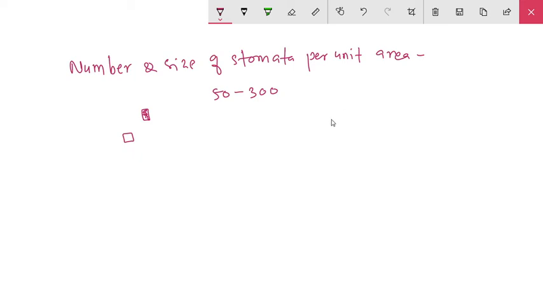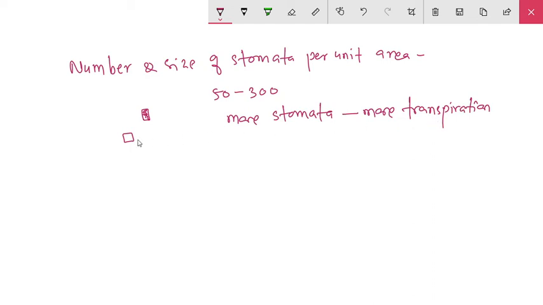In addition, if the stomatal aperture is large, then the rate of transpiration is also more. So more stomata, more transpiration. Okay.